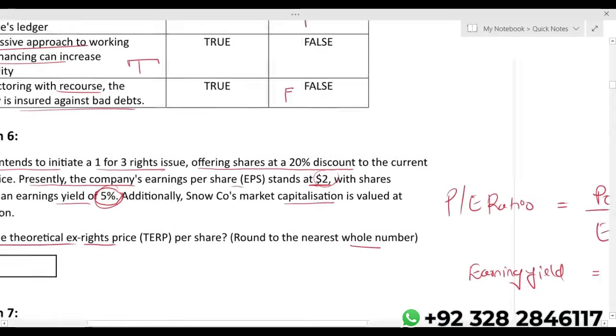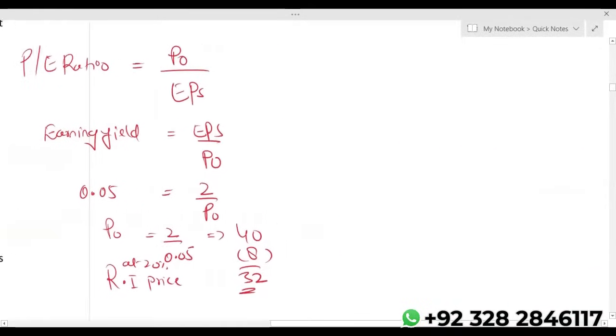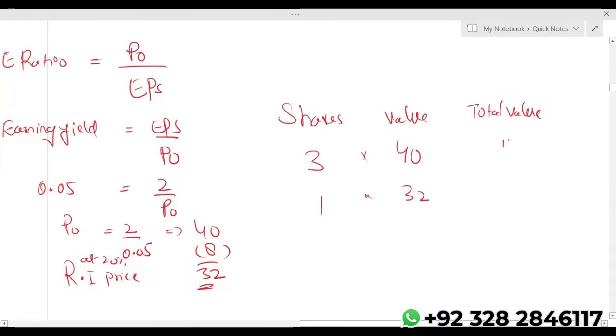We need to calculate the theoretical ex-rights price. The ratio they have given us is 3:1. Share price before the rights issue is 40, rights price is 32. Just multiplying them, I'll get 120 and 32. We can say that 4 shares have a total value of 152.